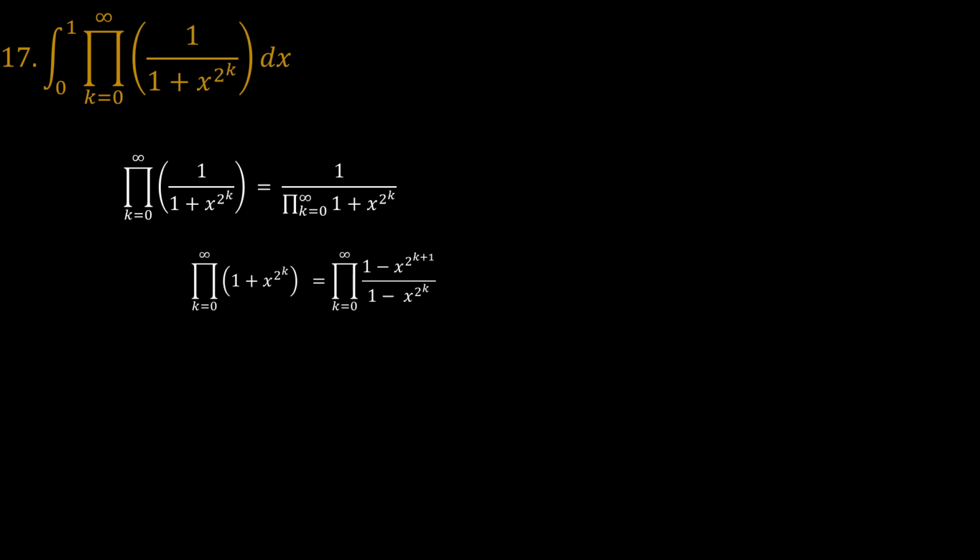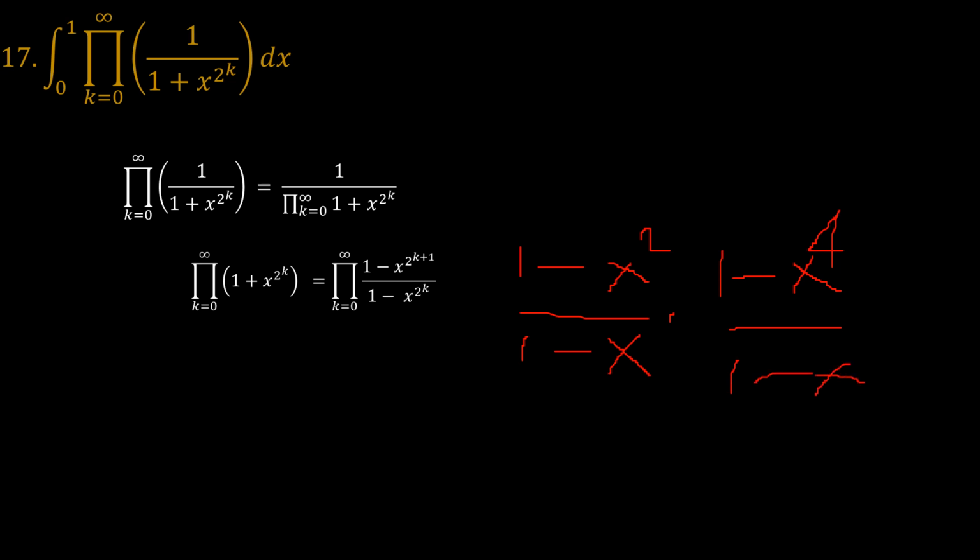In that if k is equal to 0, you have 1 minus x to the power 2 in the numerator, and in the denominator you have 1 minus x, and the second term, when k is equal to 1, is 1 minus x to the power 2 to the power 1 plus 1, so you have 4, over 1 minus x squared, and so you have dot dot dot to infinity.